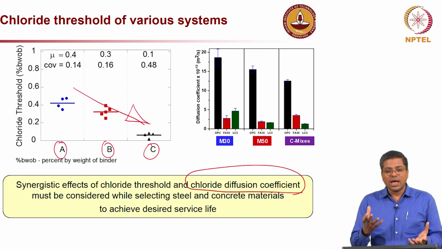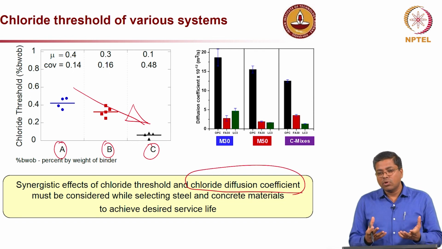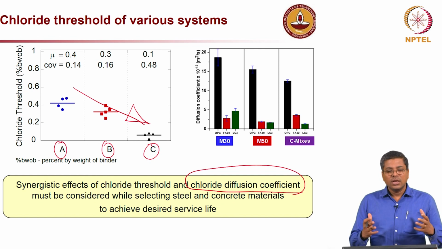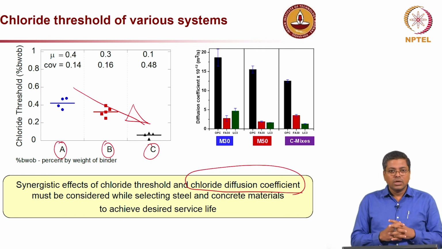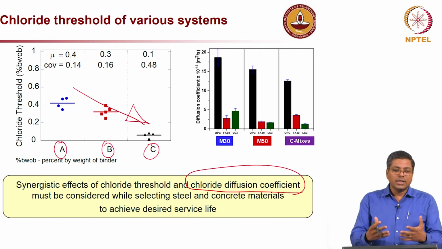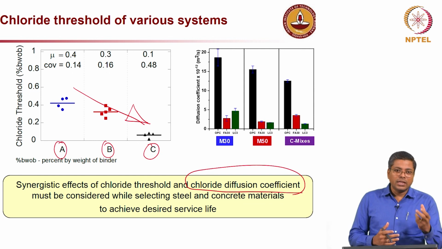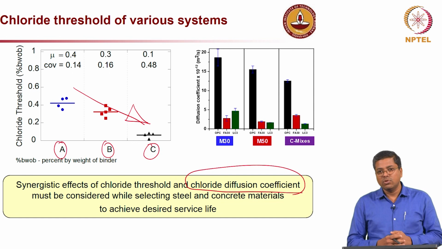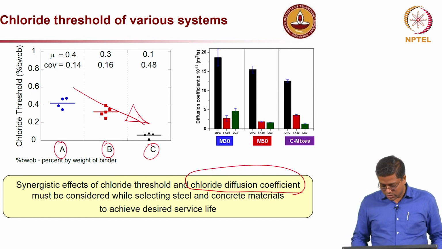Both steel and concrete are important, and the quality of both is important. You have to combine the effect of both, determine the service life, and then choose a steel concrete system which will actually give you the desired service life.